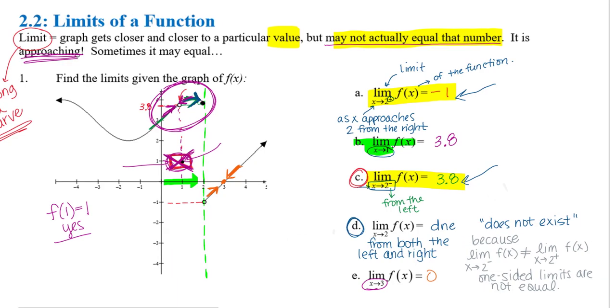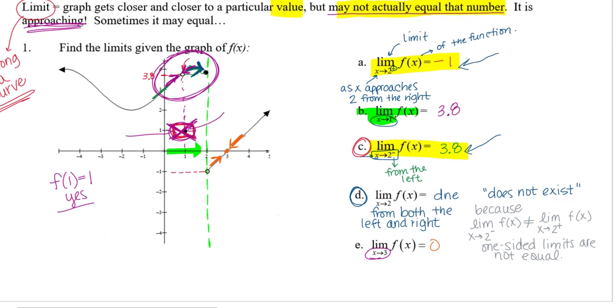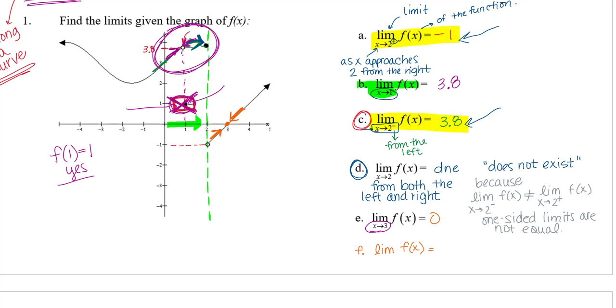Okay, I'm going to add one more question here just for some additional practice and some work with infinity. So the limit of my function as x approaches infinity. So let's think about that for a minute. As x approaches infinity, that means you're going out as far as you can to the right.